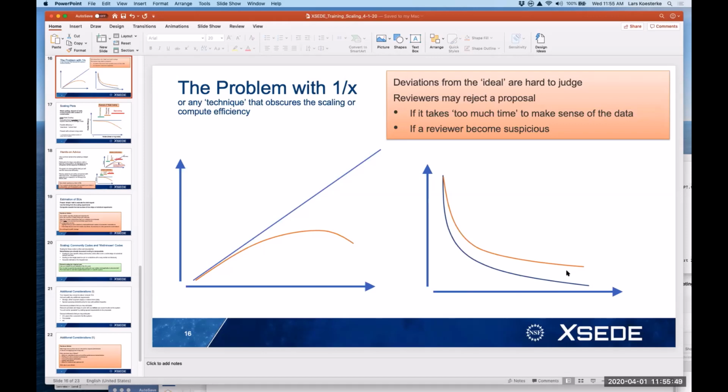Okay. How do the reviewers determine the reduction of the requested allocation? If the reviewers are not completely happy with your proposal, there are several approaches.